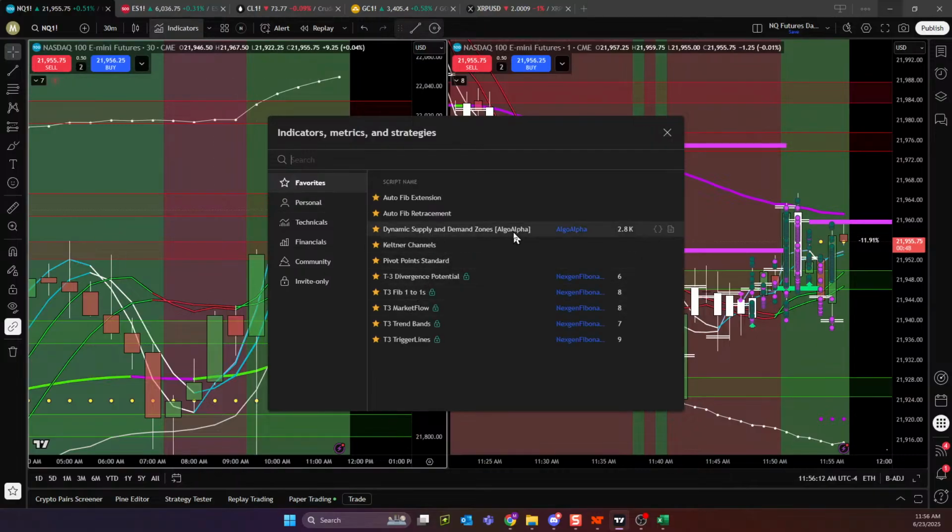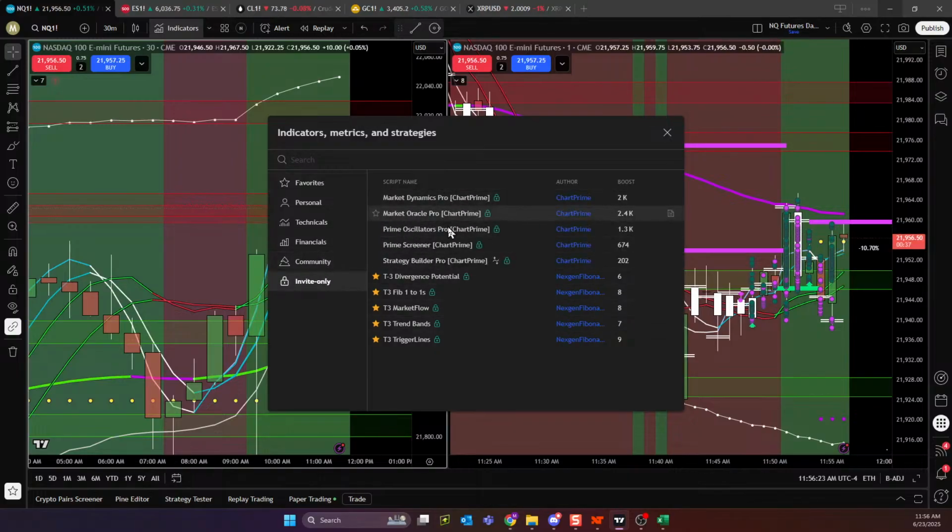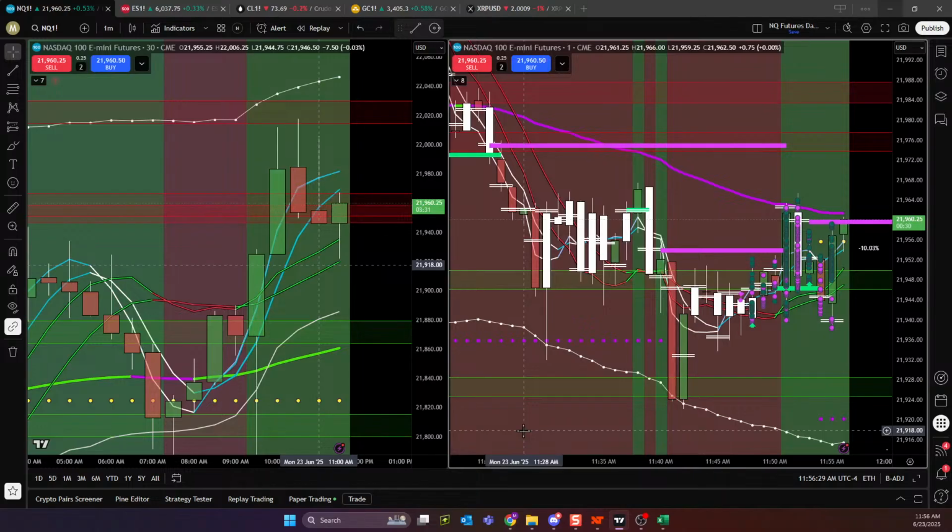Dynamic supply and demand, and he said on a large chart, this is pretty good. But it lacks accuracy on a smaller time frame. So the chart prime is really, and I don't know what the monthly is, maybe 40. If you buy it for the year, it's not a huge investment, but the advantage is overwhelming, I think, that comes through it.